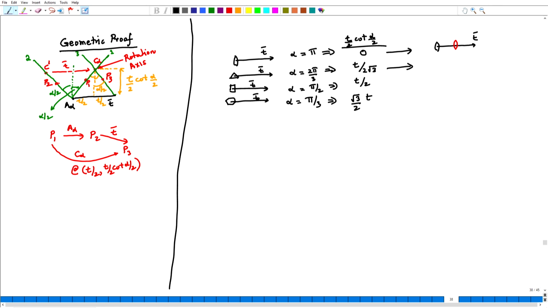In the case of 3-fold and a translation, I will get a 3-fold, but it is at a certain distance from here. In fact, I will get it up, I will get it down as well, if I do a rotation of minus alpha. Similarly, this length would be T upon 2 root 3.